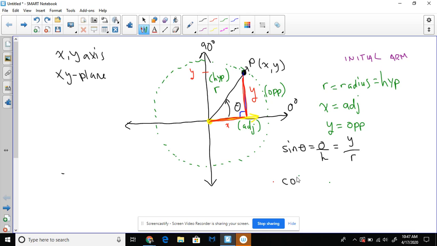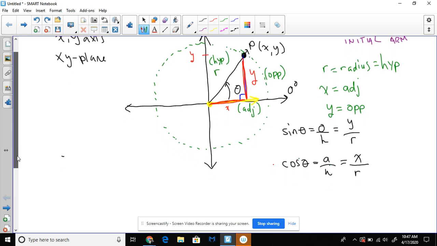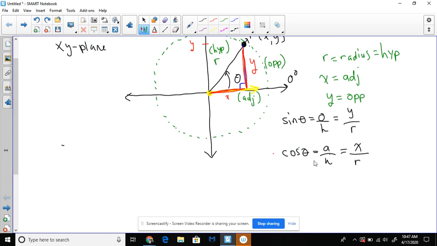Cos of theta is adjacent over hypotenuse, but again that doesn't make sense on the coordinate system. So we need to make sense of it by writing x for my adjacent and r for my hypotenuse. The same thing for tan. Tan theta equals opposite over adjacent.